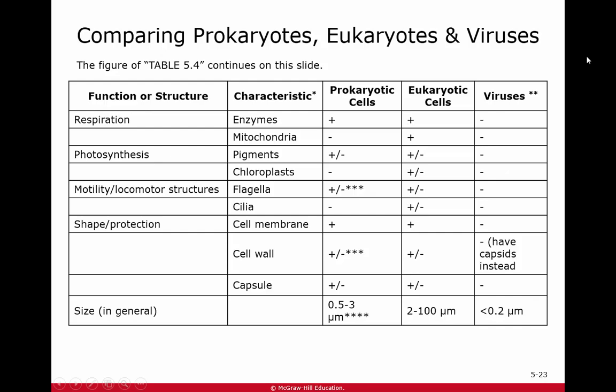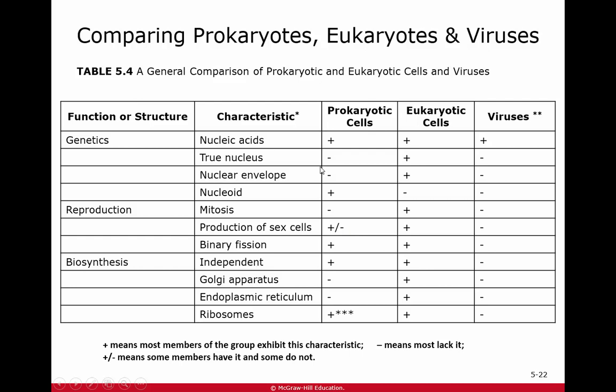But it might not be a bad idea to divide it into the 2 columns and then just to quickly go through and list the structures that can be found, give a plus where they are found, and a minus where they aren't. So for example, for nucleic acids like DNA and RNA, they're found in both prokaryotes and eukaryotes. But as far as a nucleus to contain them, only found in a eukaryote. So again, really good charts.